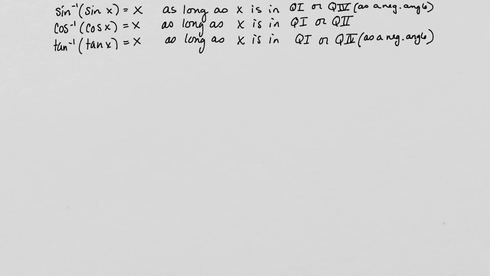Okay, so let's try a couple of these. So, for example, the inverse cosine of the cosine of 2 pi over 3. I have an inverse cosine and cosine, so they're going to cancel each other out, just like we were doing on the last page. But we have to make sure. So 2 pi over 3, what quadrant is 2 pi over 3 in?